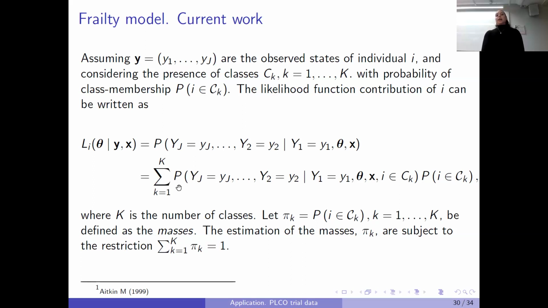So we have the joint probability of the observed trajectory times the probability of belonging to each class, and then we sum over all the classes that we've defined. The probability of belonging to each class is what we define as masses, and these masses can be computed using a logistic regression.